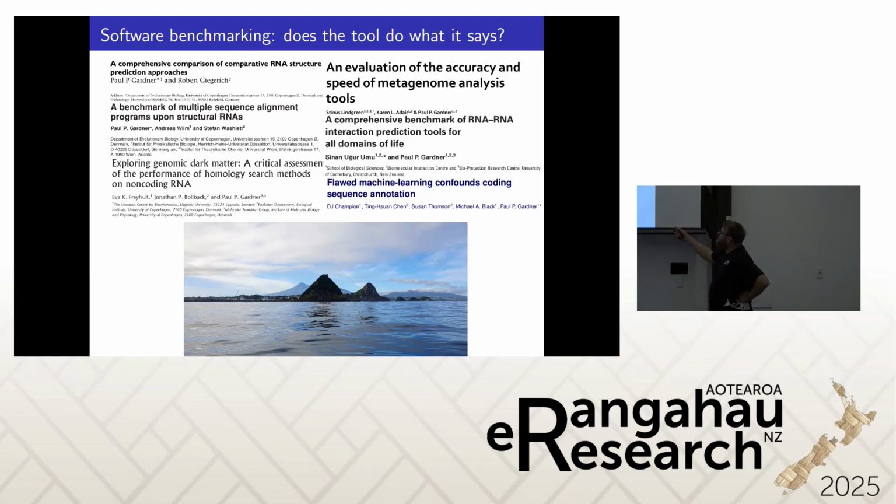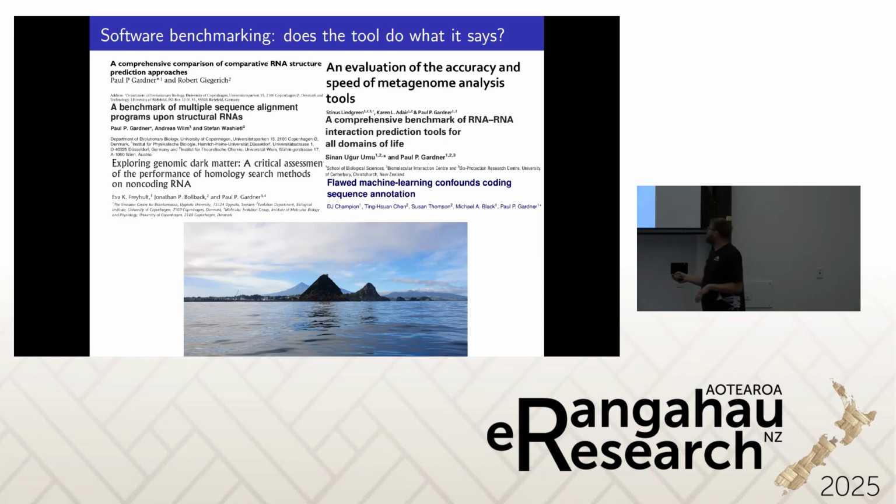So we've published a few studies in this space. I started out looking at RNA secondary structure prediction tools, moved on to multiple sequence alignment and homology search. We've looked at metagenomic tools, RNA-RNA interaction tools, and we're just trying to get this study published at the moment, where we're looking at protein coding annotation in nucleotide sequences.